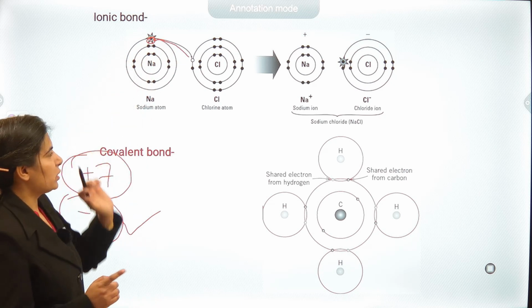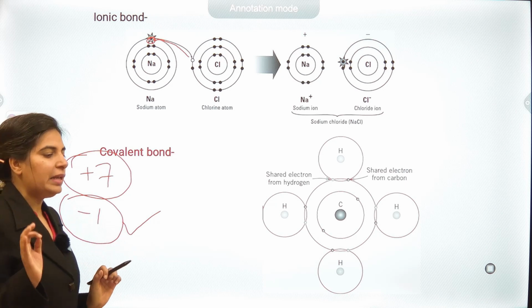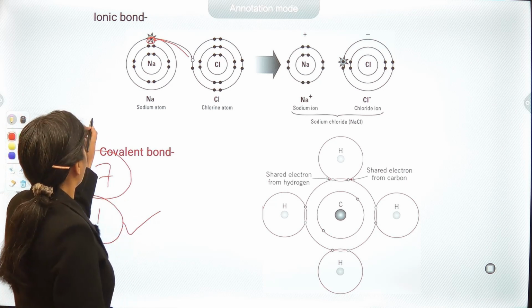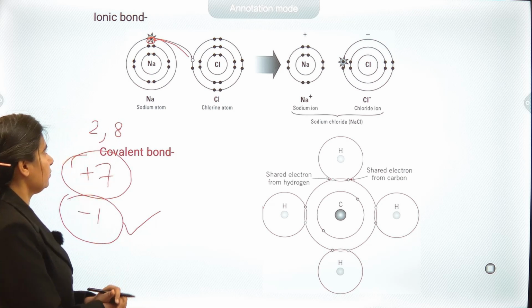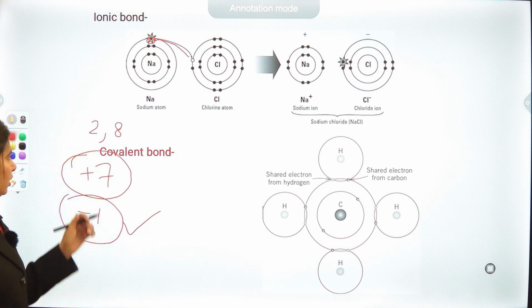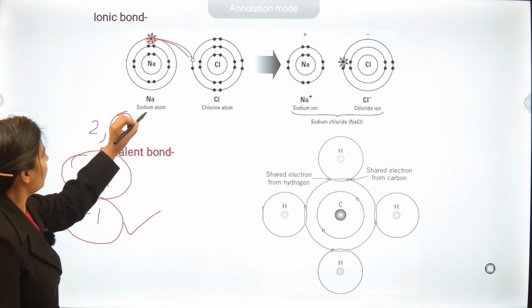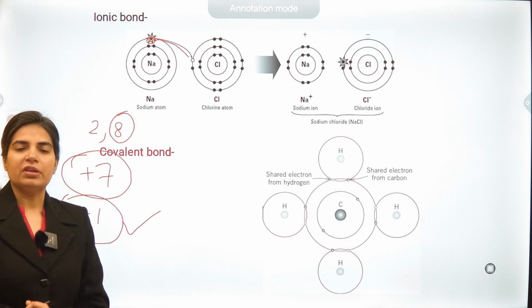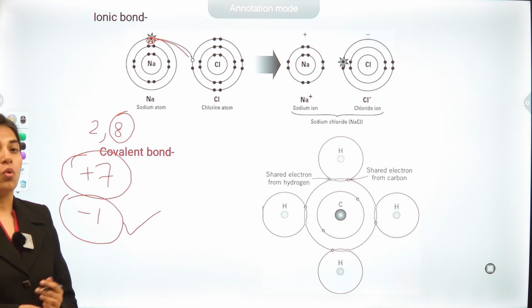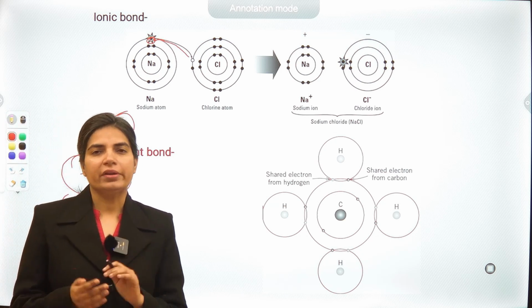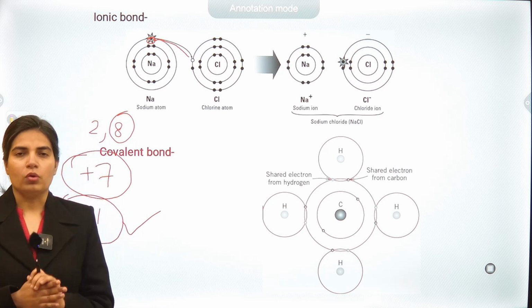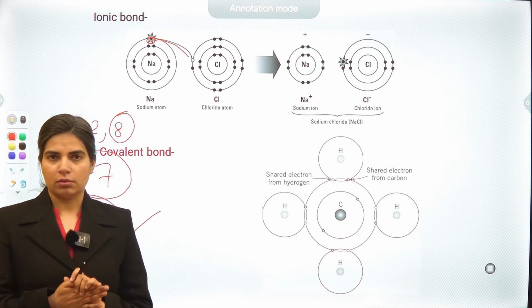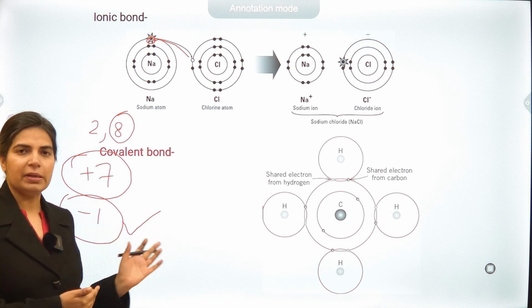If sodium is losing 1 electron, then sodium is left with 2, 8. It means in the outermost shell, the sodium is having 8 electrons. So our octet rule is satisfied here. To accomplish the 8 electrons, sodium is losing 1 electron and gaining stability.